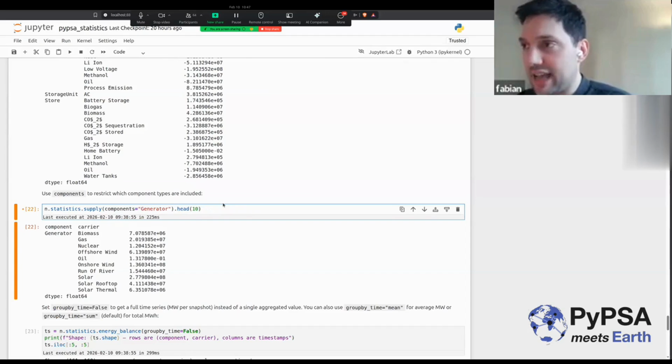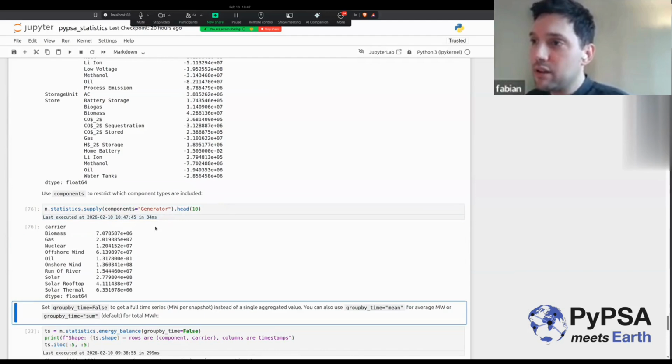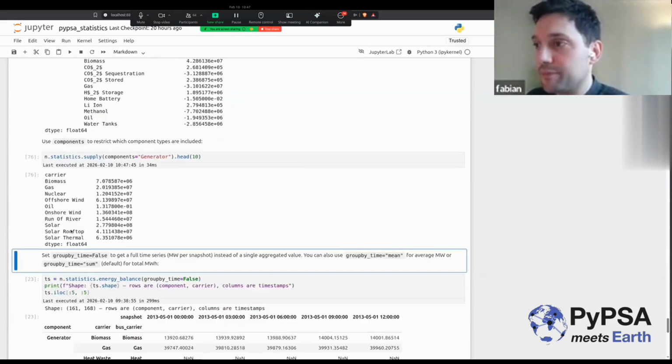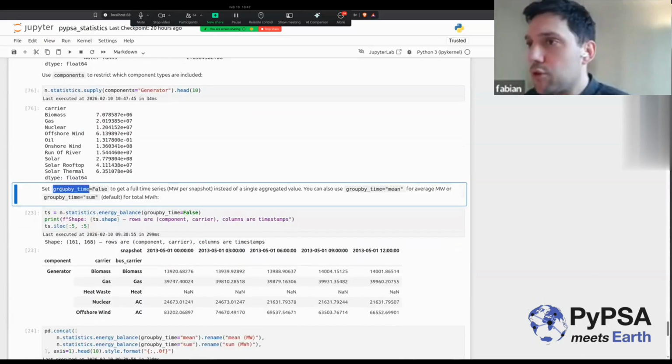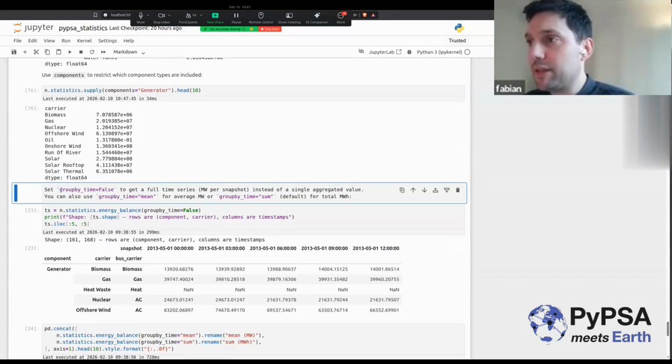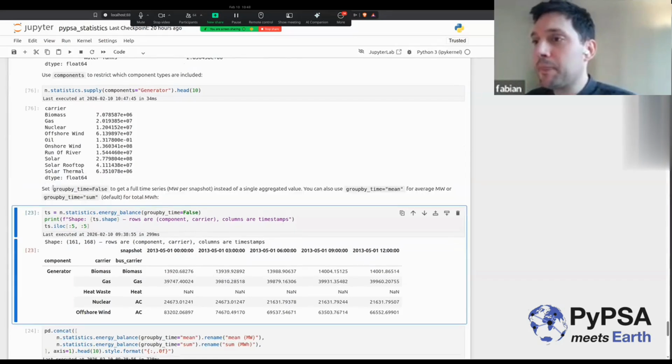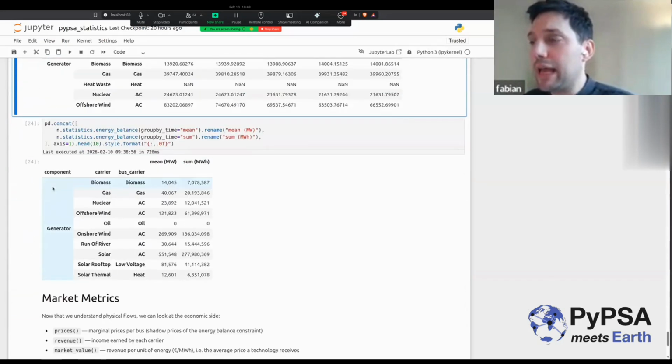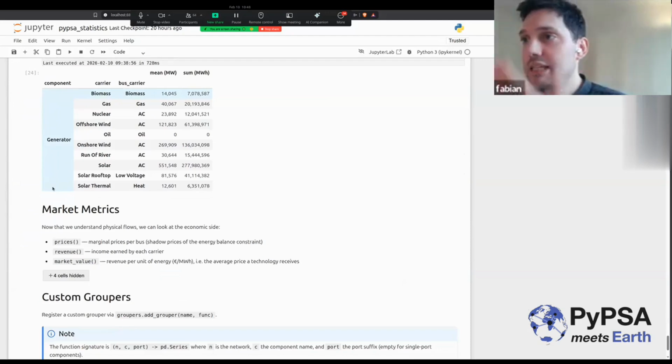If you run this as a scalar string here, then it will also drop the first level and you won't have the first multi-index level. So this is really just giving you the carrier supply of the generators now. Again, group by time, which is something that we already talked about. You can play with that by yourself when you have the notebook, I guess.